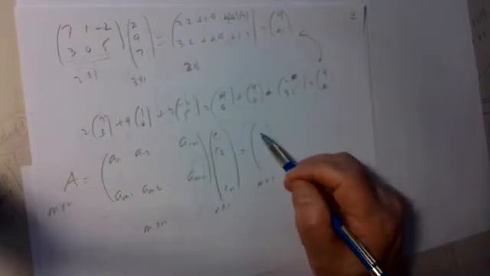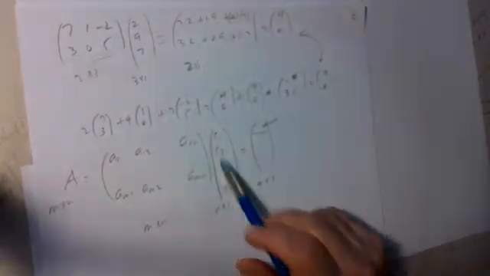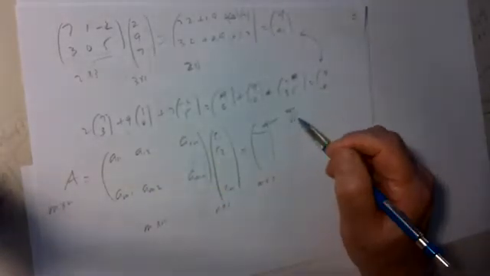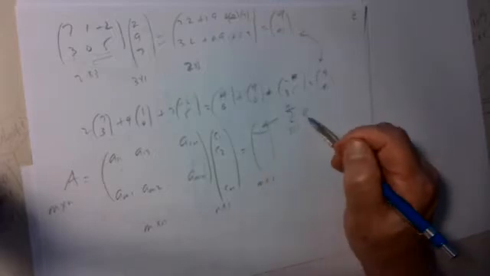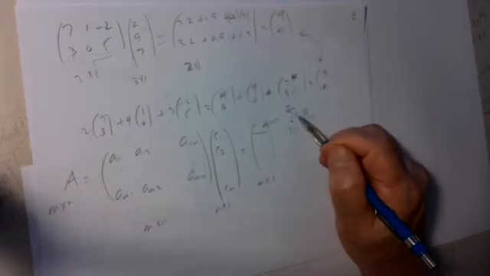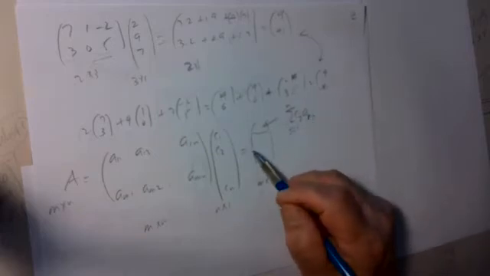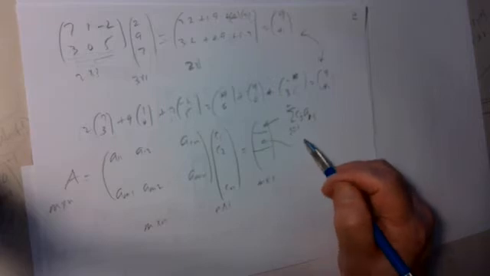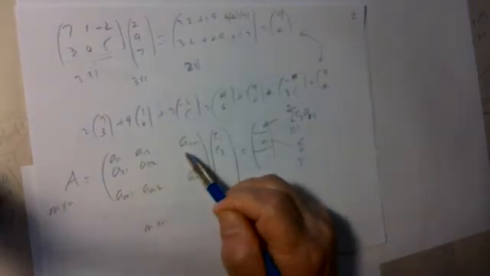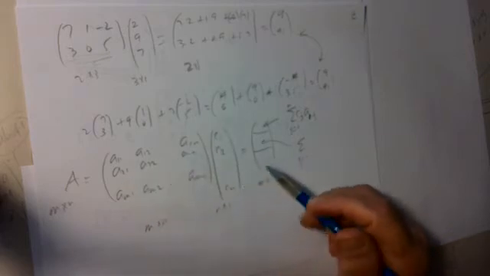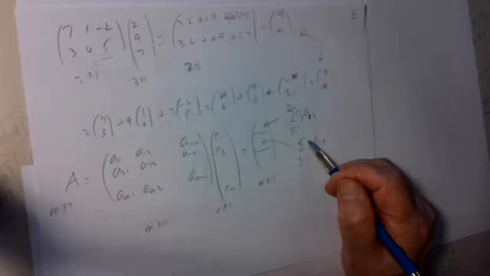And what is this first coordinate going to be? It's going to be the first row into this column. So that'll be summation, j goes from 1 up to n, A1j Cj. The second coordinate will be summation. It'll be the second row, A21, A22 up to A2n, times this column. So A2j Cj.